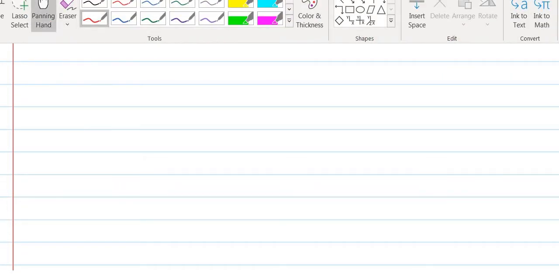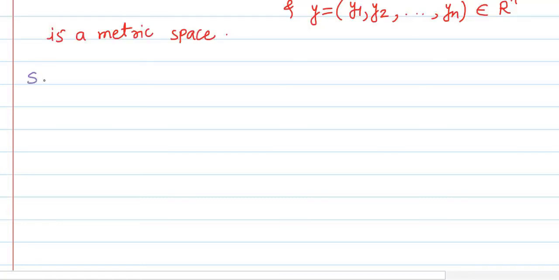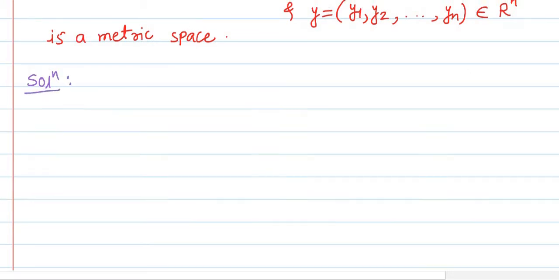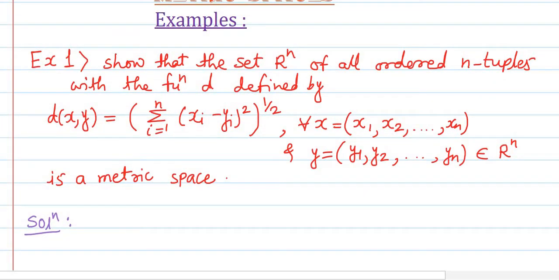Solution of this is, as we have discussed earlier, so to show that this is a metric space, we have to show that it satisfies 4 conditions, and out of the 4 conditions, first 3 conditions can be verified very easily. First 3 conditions can be verified orally, as they are very easy to check.